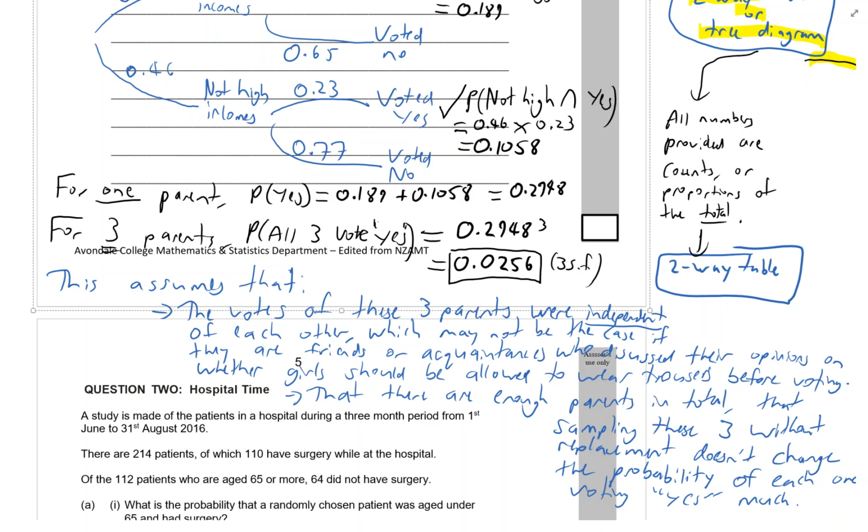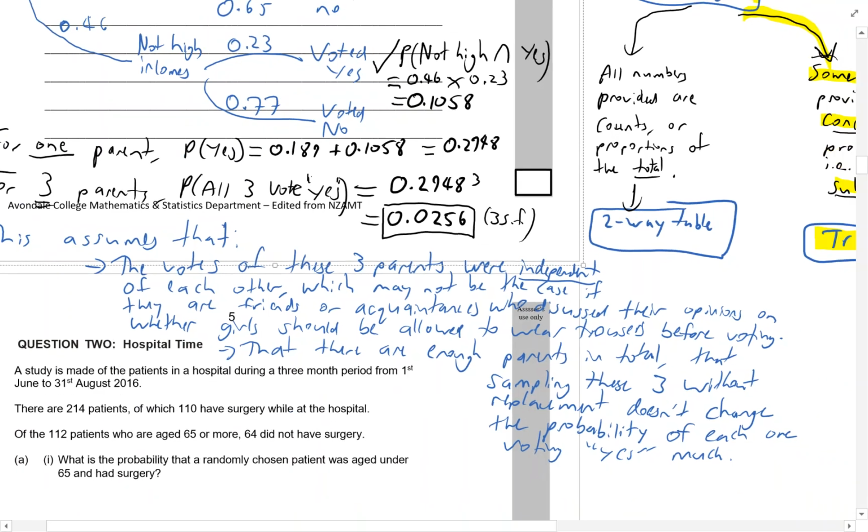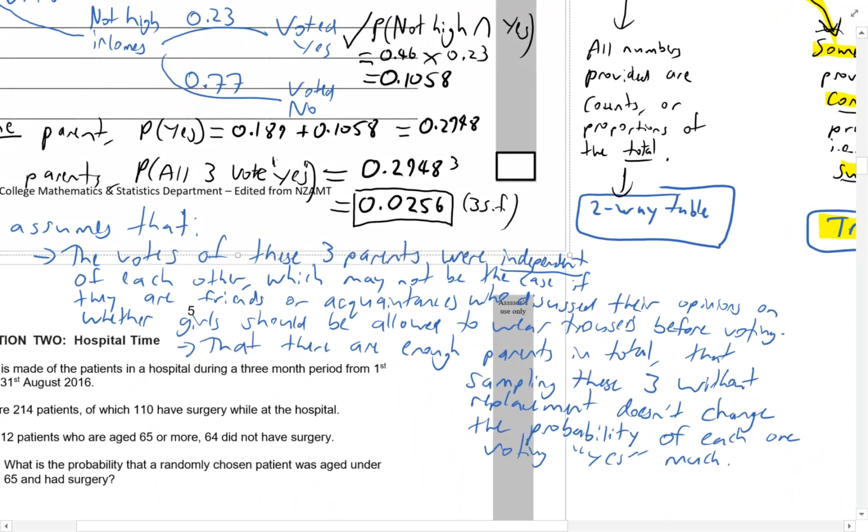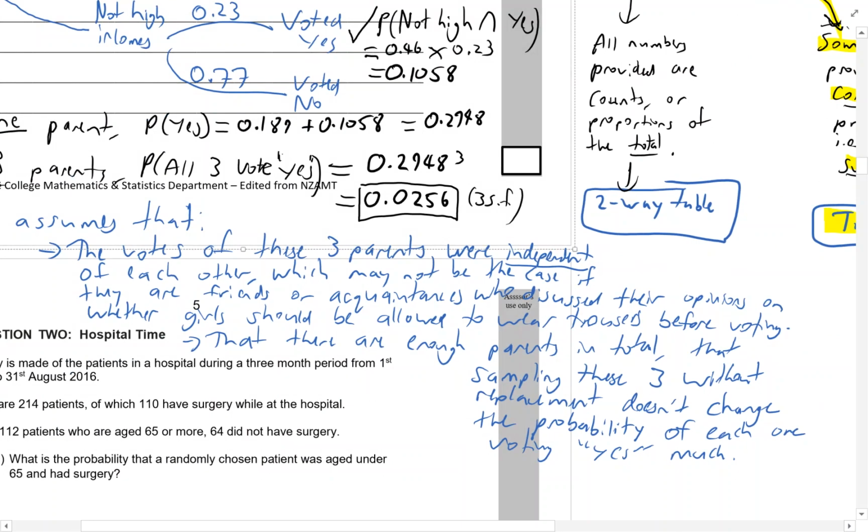It had just changed from being 300 out of 1,000 to 299 out of 999. And then for the third parent, 298 out of 998. Not much different. So we would get a similar answer there to what we'd get if we went to the power of 3. Wouldn't change it much. So that's the second assumption, is that we have a large enough group of parents that the sampling without replacement doesn't change the probability much.